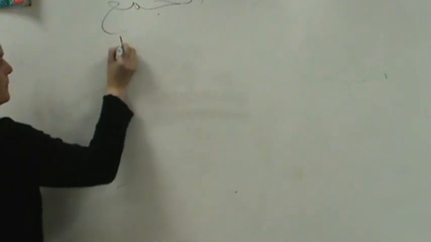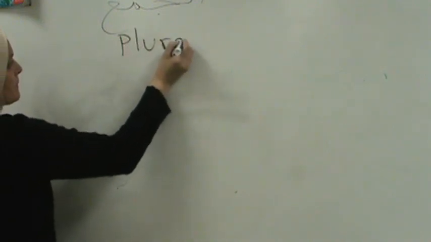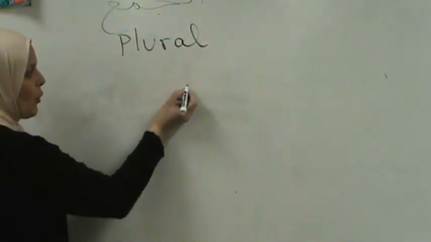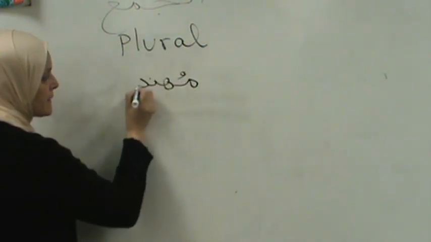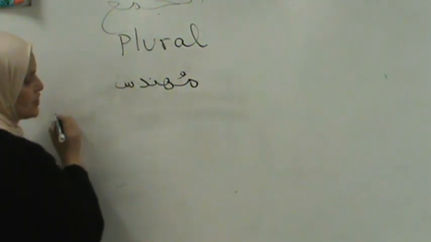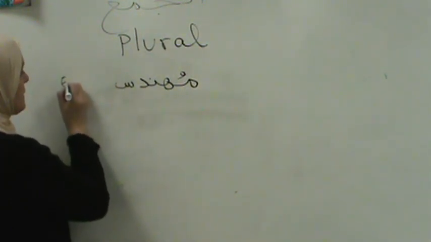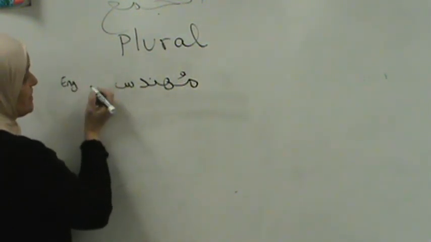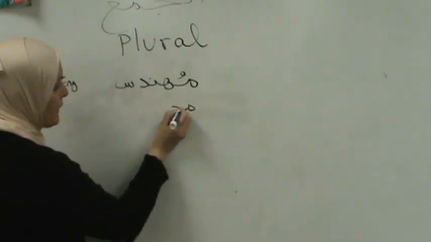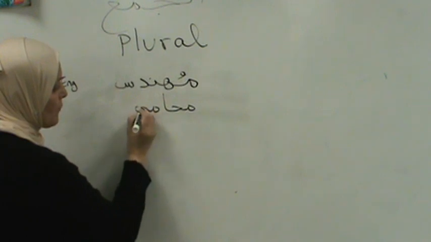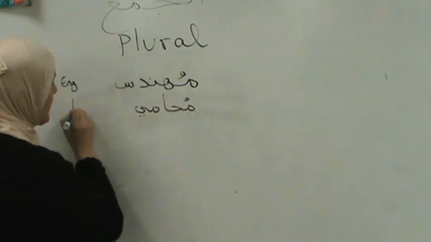So our topic is الجمع, plural. Like مهندس. مهندس is engineer. محامي, it's a lawyer.